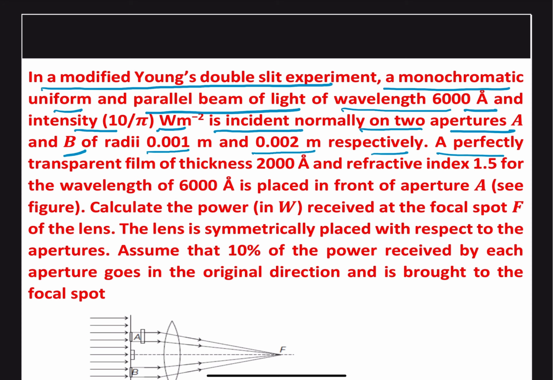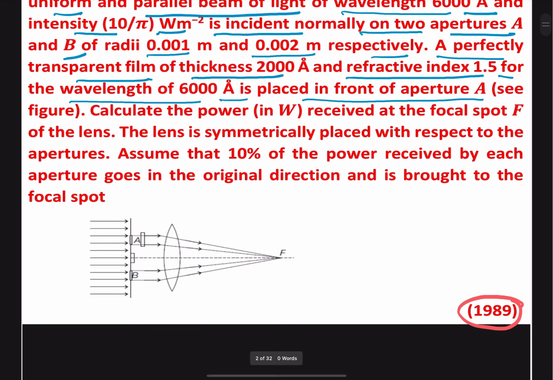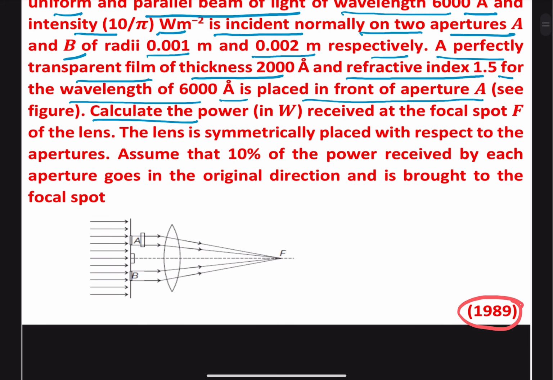A perfect transparent film of thickness 2000 angstrom and refractive index 1.5 for a wavelength of 6000 angstrom is placed in front of aperture A. See figure. Calculate the power received at a focal spot F of the lens. The lens is symmetrically placed with respect to the apertures.